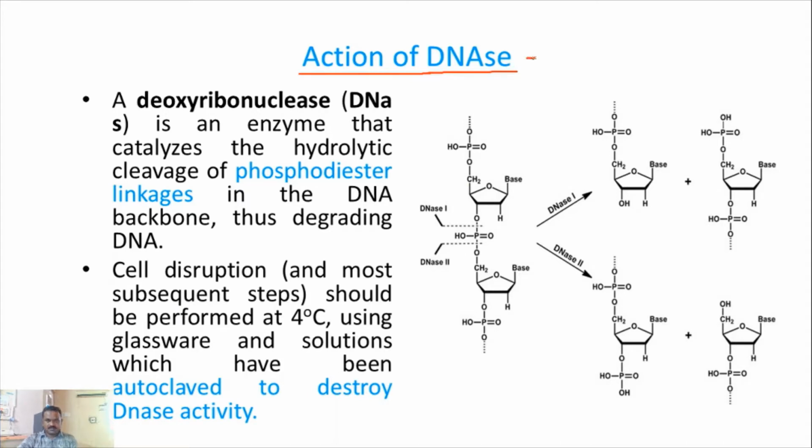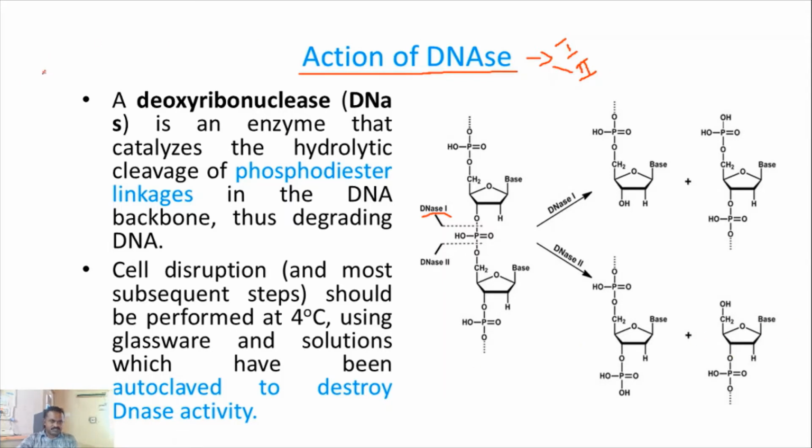You know very well DNase exists in two forms: DNase 1 and DNase 2. Here it is clearly shown that DNase 1 acts here and finally breaks down this structure, and DNase 2 breaks down here to produce this structure.